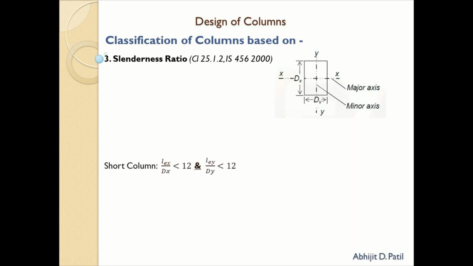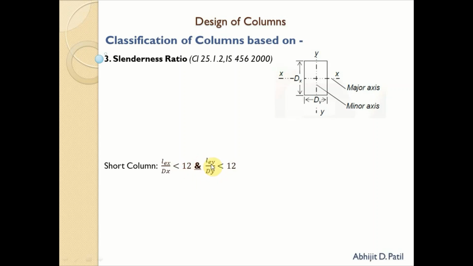So short column, what is that? When the ratio of L effective in x direction divided by the lateral dimension in x direction, Lex upon dx, should be less than 12. I have made this bold and underlined because it is very important.